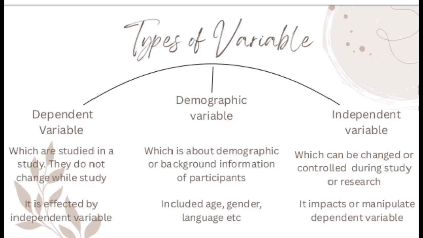As you can see on my screen, I drew a chart for your better understanding, so you can easily understand which type comes from which type. When I was a student, I used to draw a chart and write the branches and further branches below them.